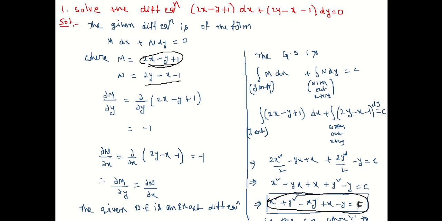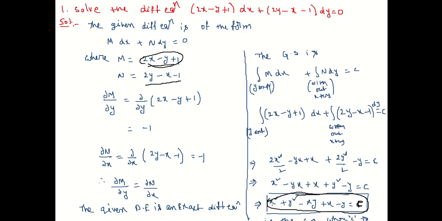See how many arbitrary constants are there here? Only one. That number of arbitrary constants is nothing but the order of the differential equation. So what is the order of the differential equation? Here we are using a first order differential equation, so that number of arbitrary constants is involved in the solution.